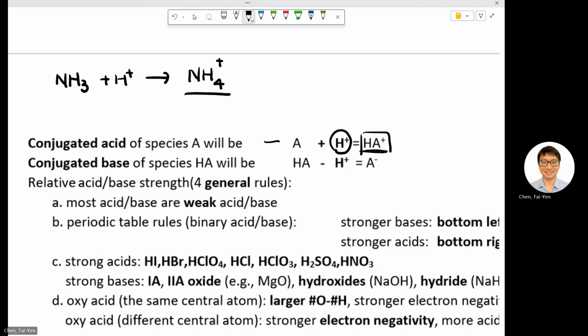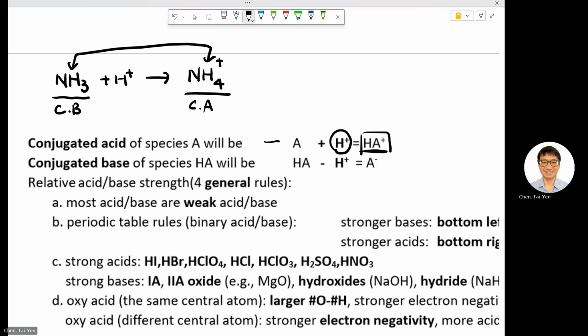On the other hand, you can also say NH3 is the conjugate base of NH4 plus. Everybody follow what I just said? So this is the conjugate acid, and this will be the conjugate base. These two will always show up as a pair.